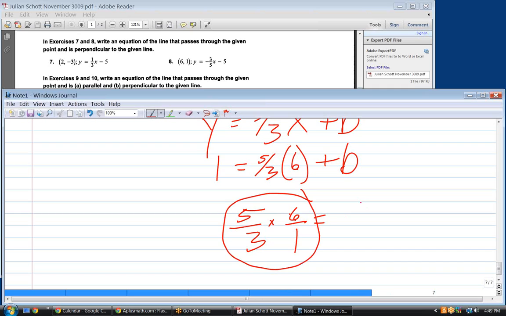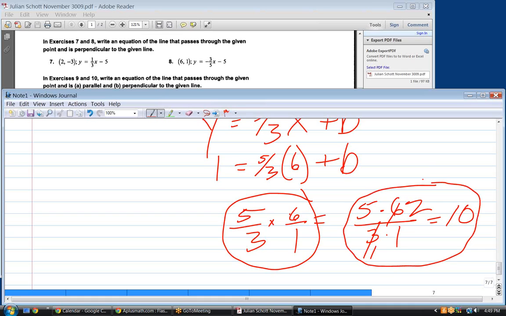Notice that this is the same as 5 times 6/3 times 1. Well, I can do something with the 6/3. What is 6/3 reduced to? 2/1. Now, notice the problem solves itself. 10. And I never had to deal with a number as big as 30. If you multiply straight across, you're always doing arithmetic on bigger numbers than you need to.